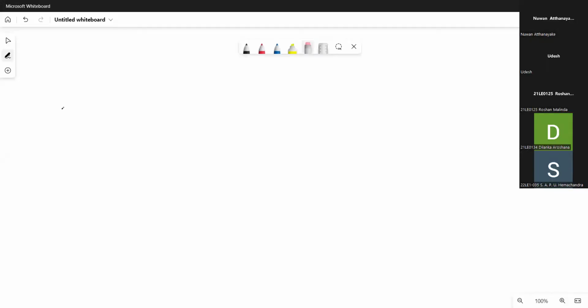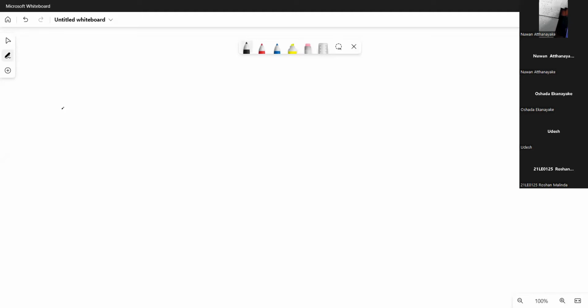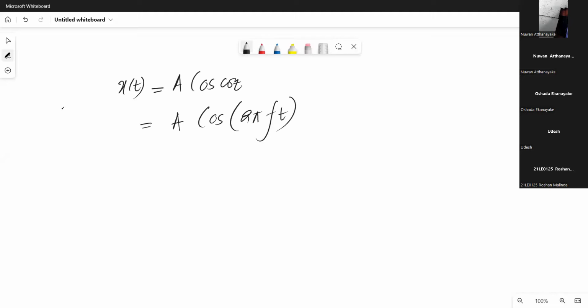Keep in mind, if it is a cosine or sinusoidal signal, x(t) should be modeled as A cos or sin of omega t, or we can simply say A cos 2π f t. This is the generic model of the cosine or sinusoidal signal, and it should follow this format.